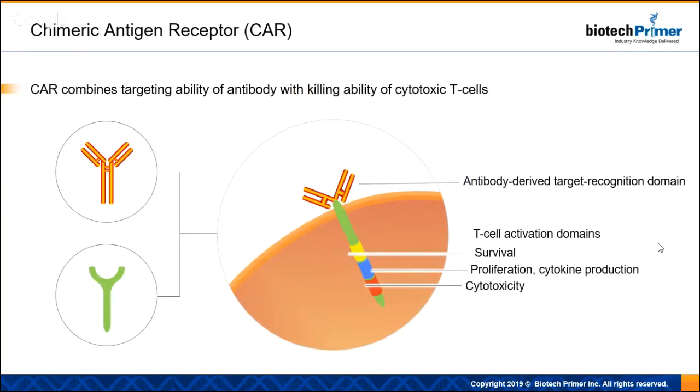What the chimeric antigen receptor is, is the targeting region, so the variable region of an antibody spliced onto the activation domain of a T cell receptor. The reason for this is because, remember how we talked about how T cells are normally activated by antigen presentation.